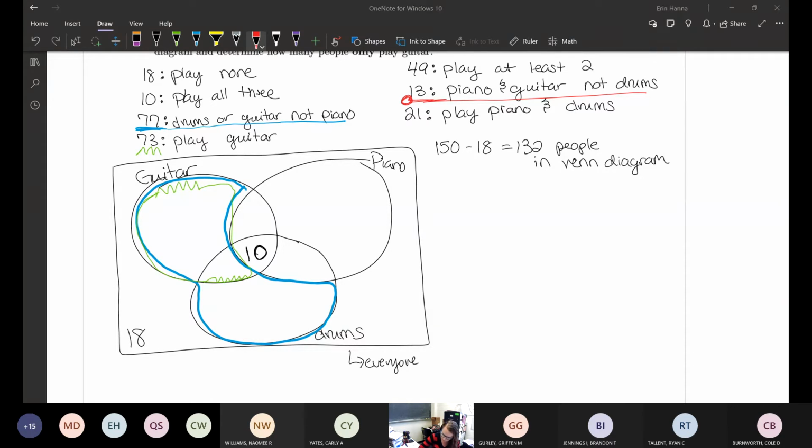I read that wrong. This one can already go on there, because of the difference between the two phrasings: this one says drums or guitar, this one says piano and guitar. Since they play piano and guitar, but not drums, that ends them up in just this middle piece between guitar and piano. So there's 13 people who land in that sliver there.